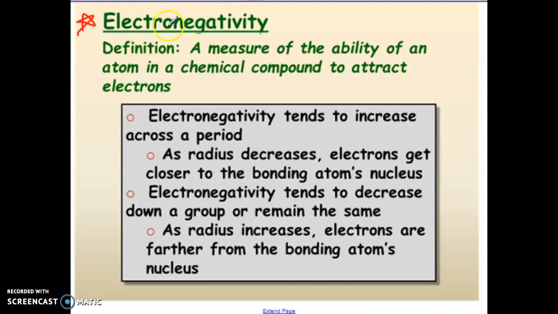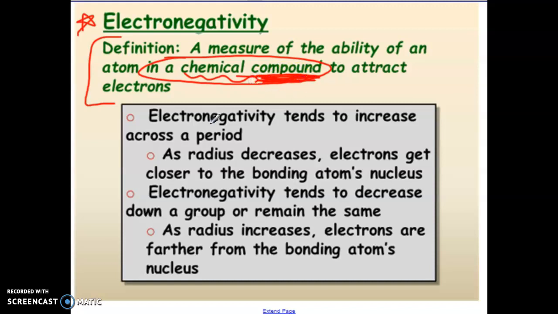So what is this electronegativity? It's a measure of the ability of an atom in a compound. So this is important to make note of. When we're referring to this term, we're only discussing when you have more than one atom bonded to each other. So this doesn't happen with individual atoms. This is when you have a compound that is made.